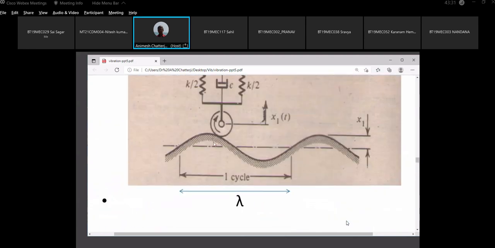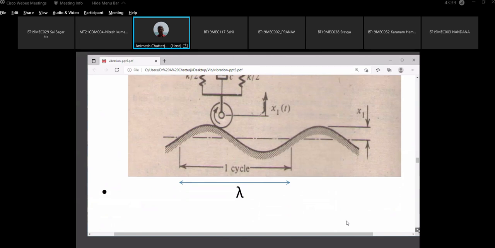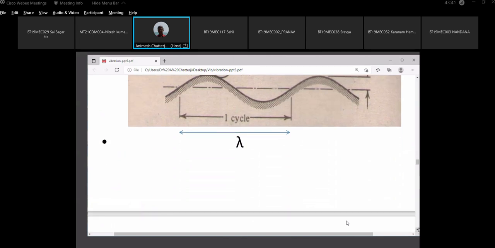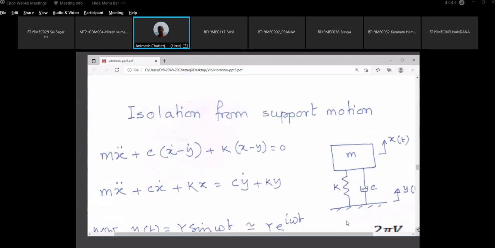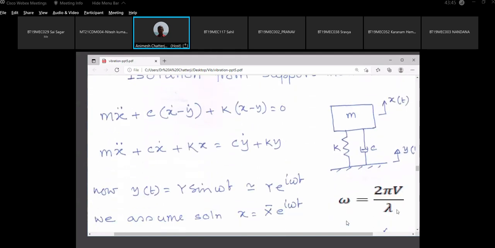Wavelength is peak to peak. So if this is the wavelength, then frequency omega will be 2 pi into velocity by lambda. Lambda is the wavelength on the road.